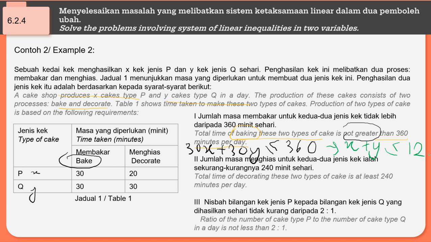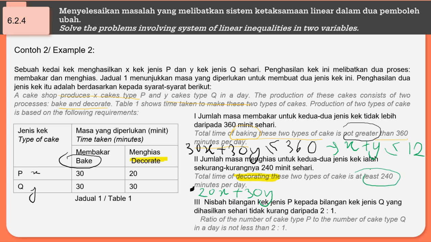Alright, for the second inequality, the total time of decorating. So we look at decorating. Okay, so here we have 20x plus 30y, at least 240 minutes per day.